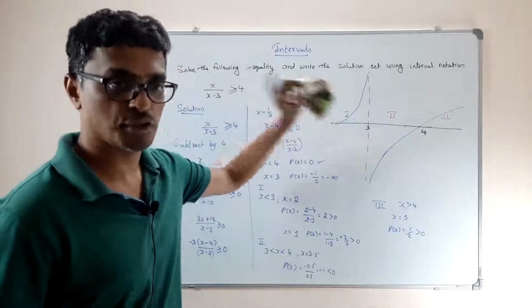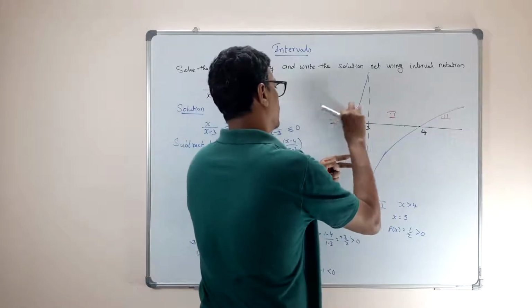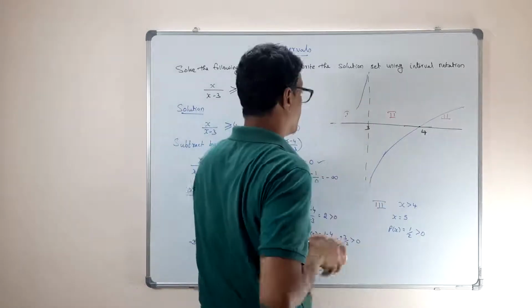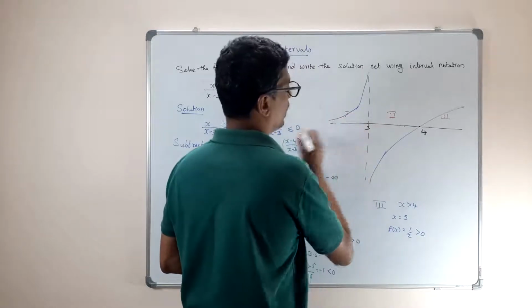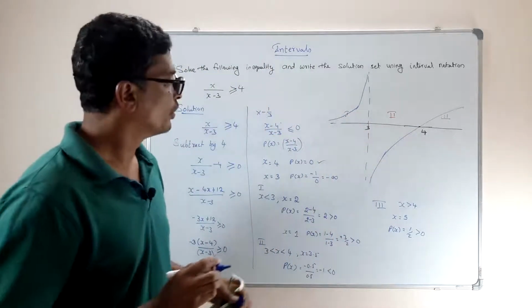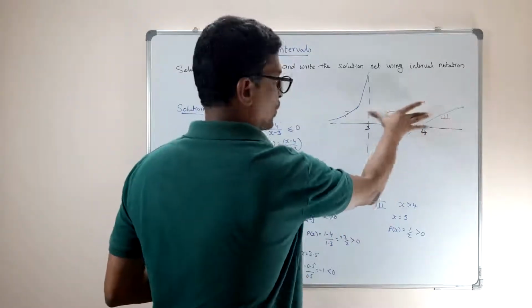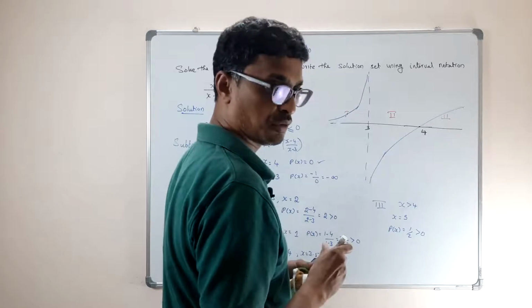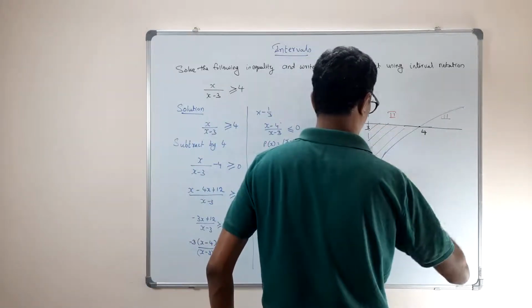This is out of question, since it won't cross here and doesn't go to 0. These two regions are positive, so that won't work. For us, only this is the region which works.